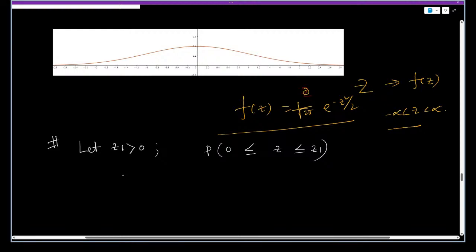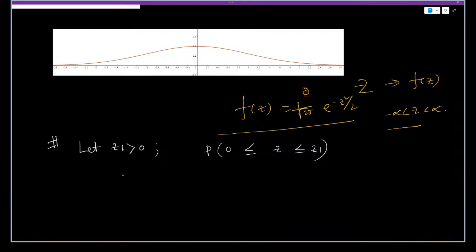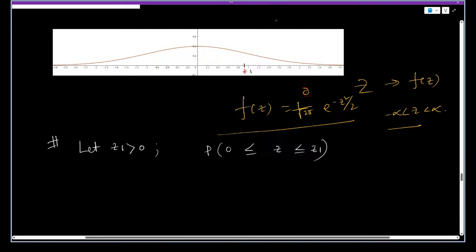What does it mean here? First, let me draw the area over there. Z1 is arbitrary. It may be anywhere. This is say Z1. Between 0 and Z1, this area will tell you the probability between Z equal to 0 and Z equal to Z1. Clear?